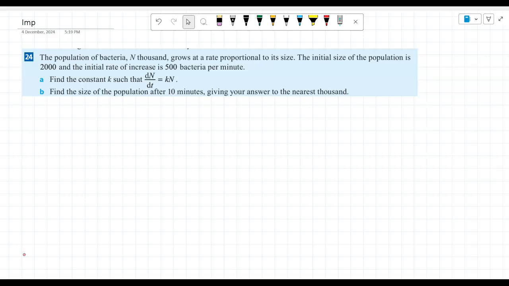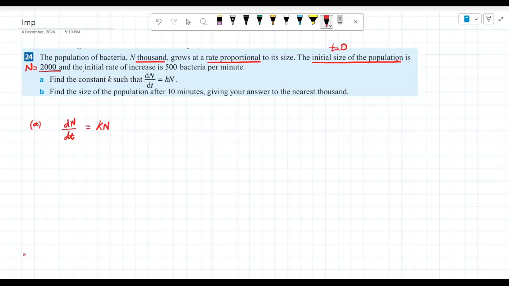The first part you did very well. So you've been given that dn by dt is equal to kn. The population of bacteria, now it's 1000, grows at a rate proportional to its size, so directly proportional to n. The initial size means when t is equal to 0, n is 2000.